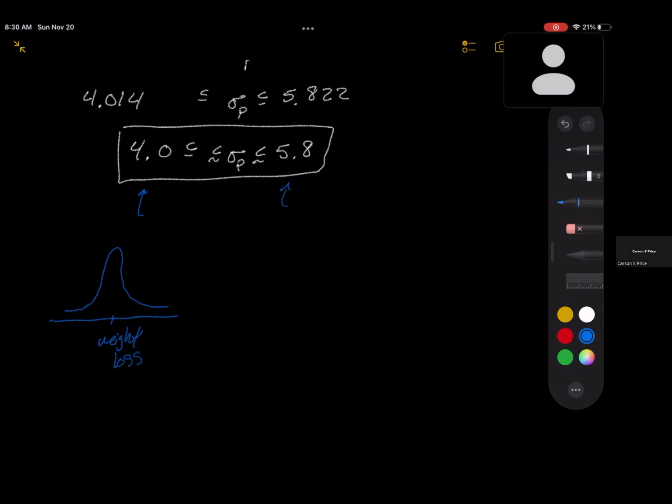At worst, it's more spread out, with a higher standard deviation. This is probably exaggerated, but when you have a small standard deviation, your data is more centrally localized. When you have a larger standard deviation, it's more spread out.